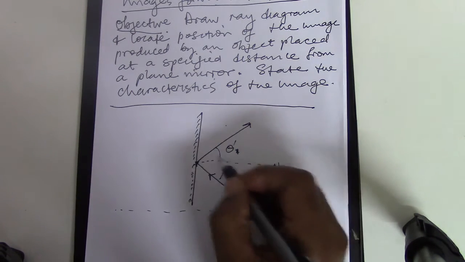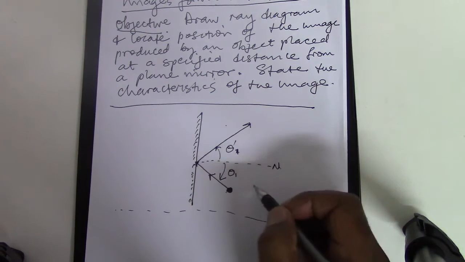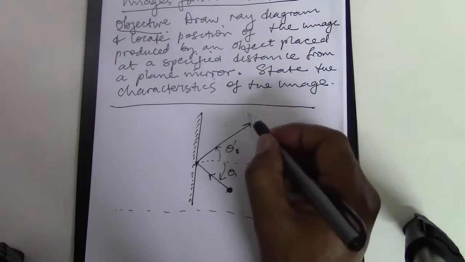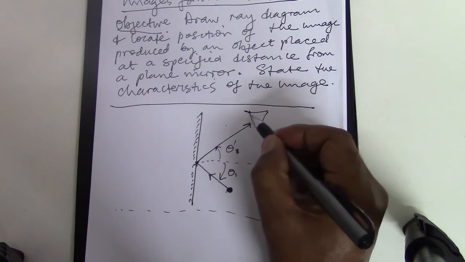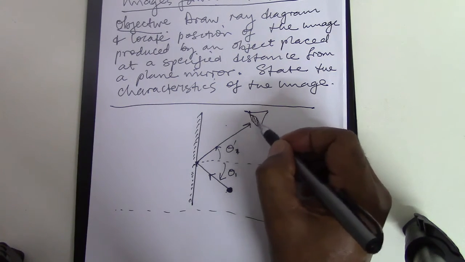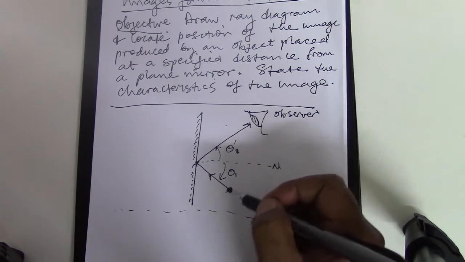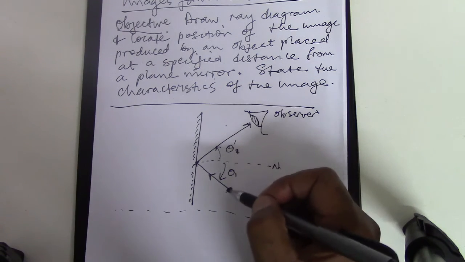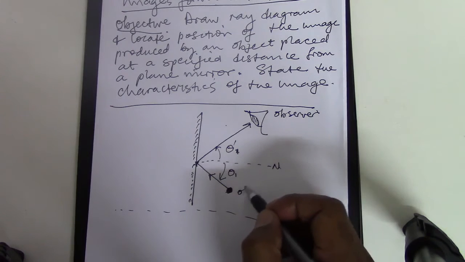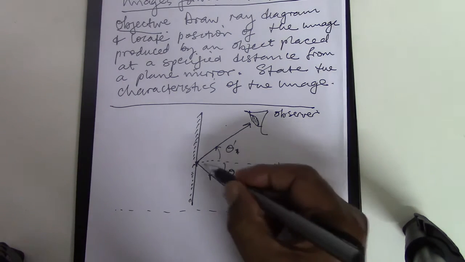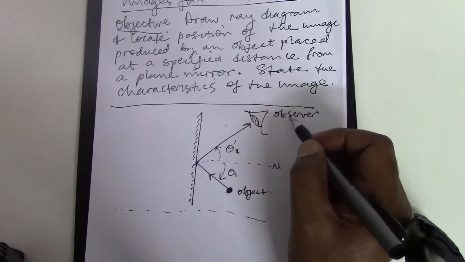If this is my normal, then this is my angle of reflection and this is my angle of incidence. If I put an eye at this position, this is an observer observing the object. The ray comes from the object, strikes the mirror, and gets into the eye of the observer.